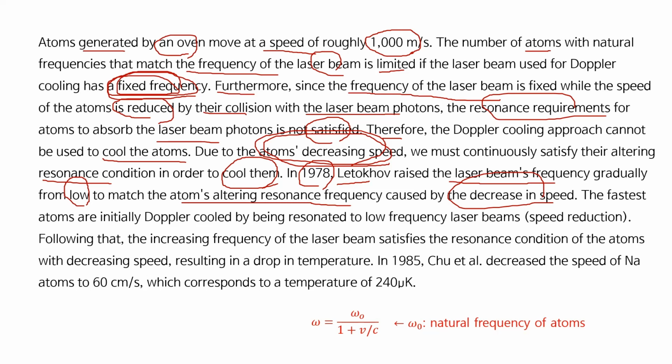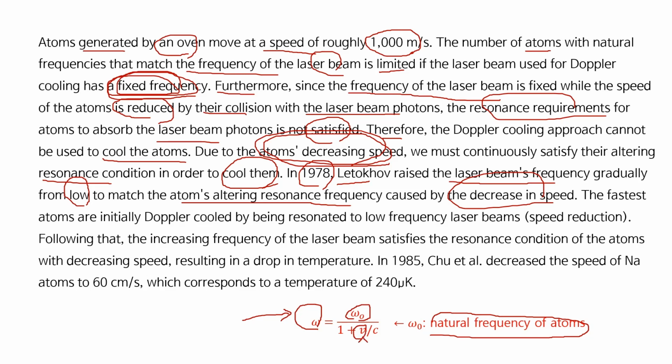So that is the angular frequency of the laser light, and omega 0 is the natural frequency of the atoms, and v is the speed of the atom.